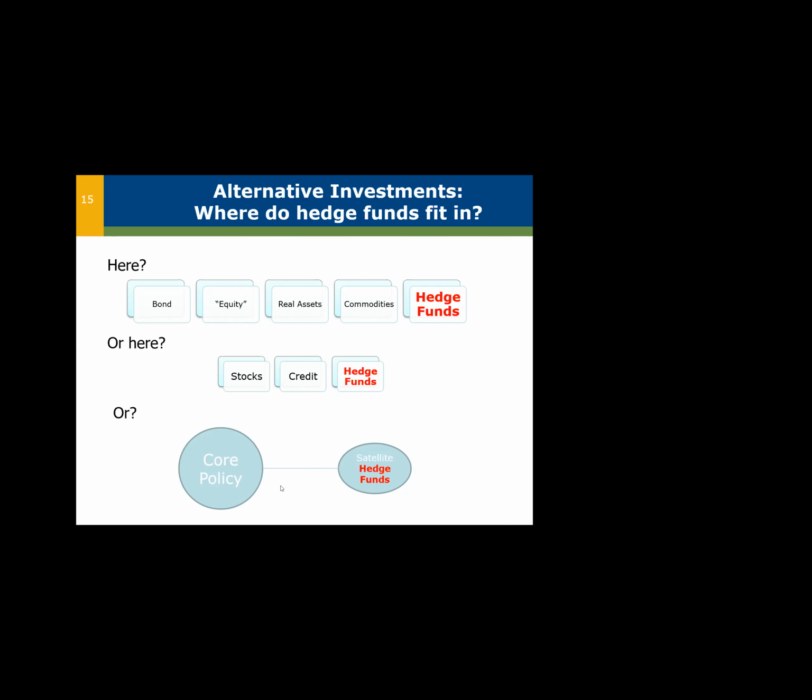Or do you view it as a long short overlay on top of your traditional or core portfolio? Maybe you have 100% invested in a core portfolio, and then you borrow 20% and use that to buy 20% of hedge funds, with the idea being that hedge funds should be generating alpha on top of that, and so they would add a little extra return to your core portfolio. That's what this core satellite concept is.